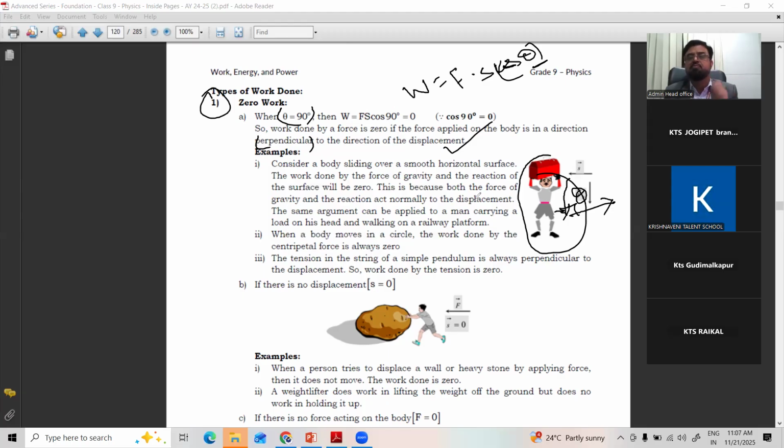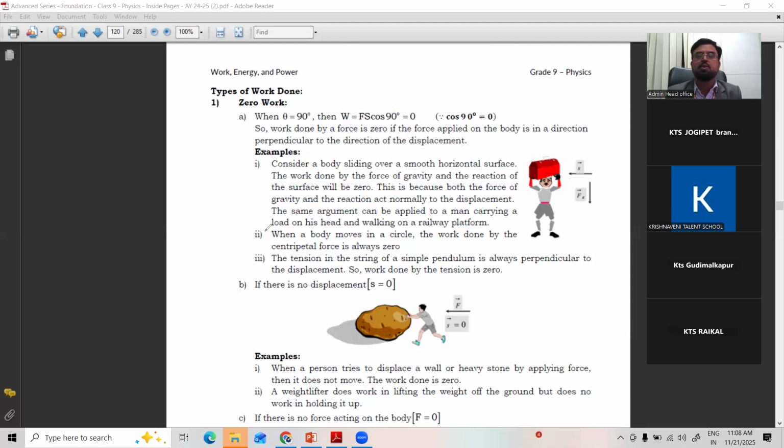As per physics, the work done is 0. So don't tell my name, otherwise they'll arrest me. Don't show my video. It is as per physics this is 0, but not the regular way. So see how importantly physics is applicable in our day-to-day life.